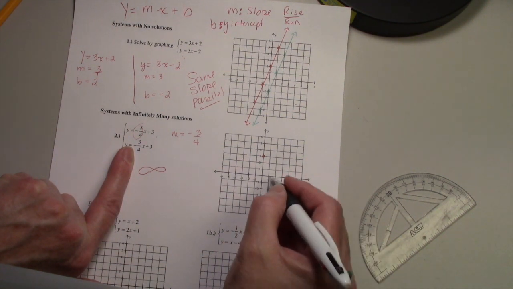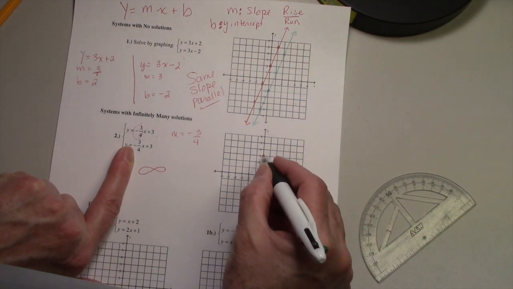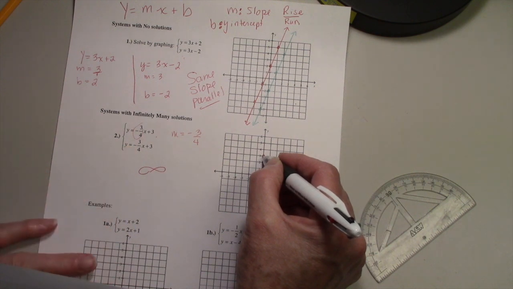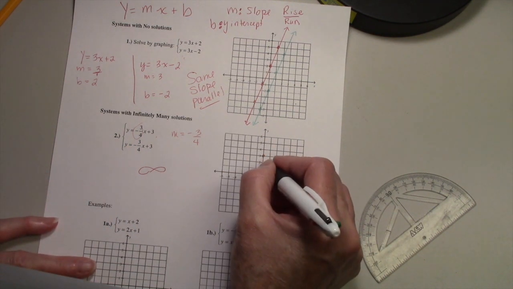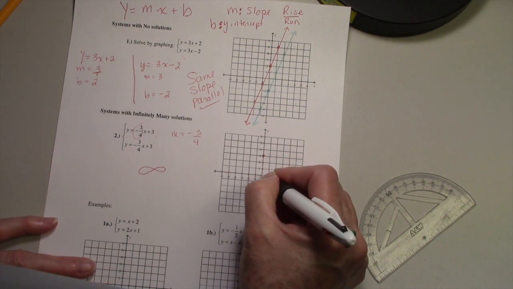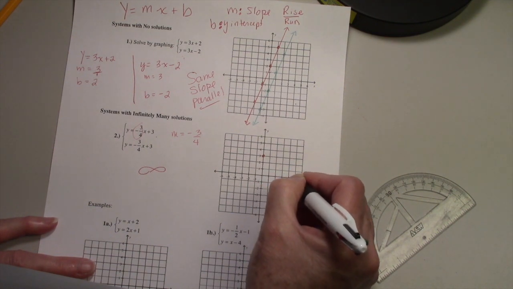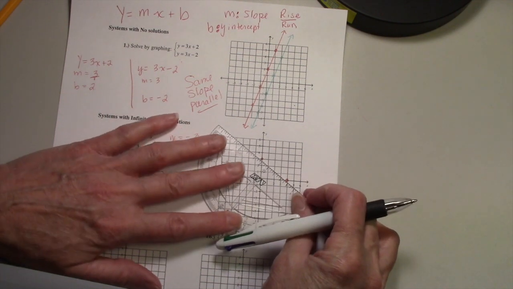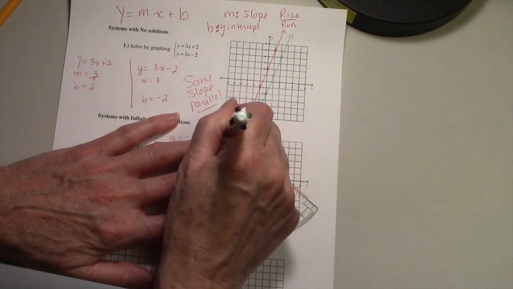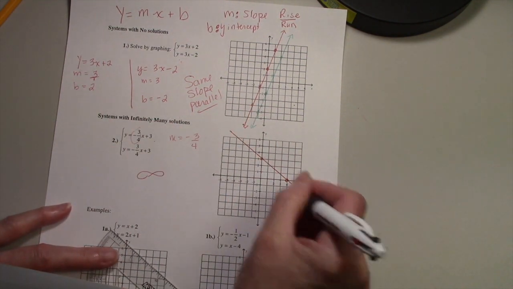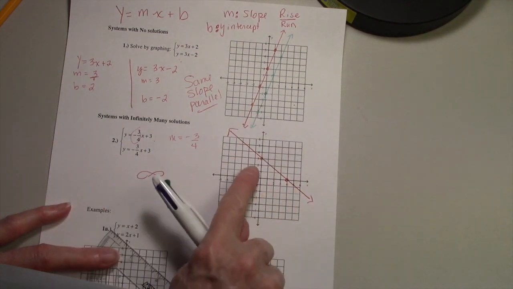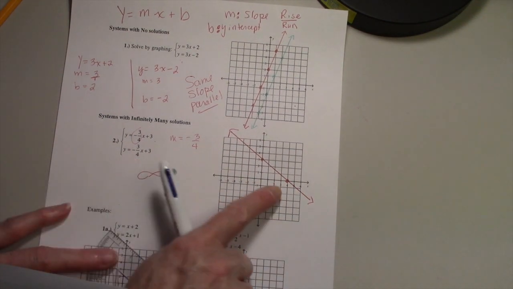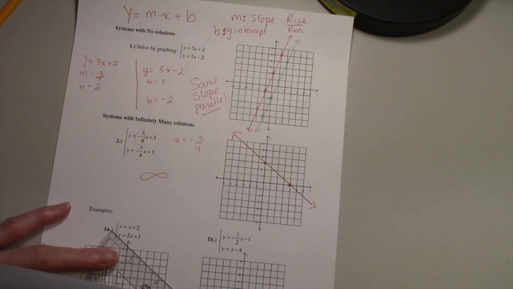So negative 3/4 means I start here and I'm going to go down 3, 1, 2, 3, and run 4, 1, 2, 3, 4. So there's the other dot. I only need 2. It's a big enough spread. And this line would do this: a negative slope going downhill, and both equations would be exactly the same. So it would be on top of each other.